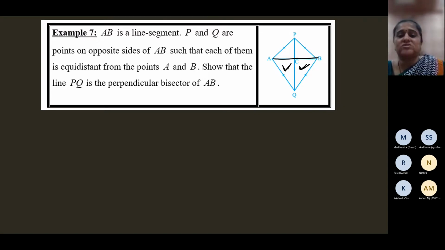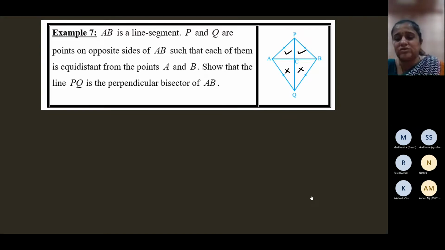So you can show that these two triangles are congruent to each other. So by CPCT, AC is equal to BC, and then you can prove 90 degrees. You can see this is 90, this is 90, all the same. Everywhere, if one angle is 90 here, everywhere it's going to be 90. So you can take up these two triangles and prove that they are congruent to each other and get the results, or take these two triangles.